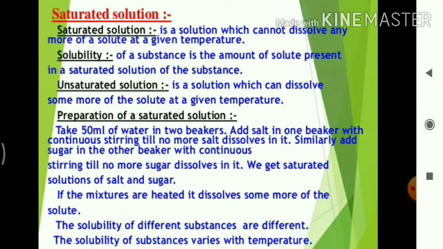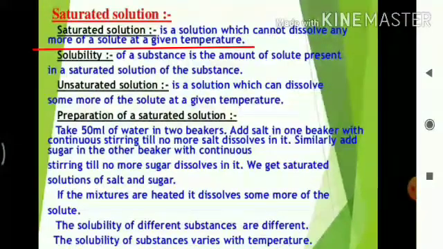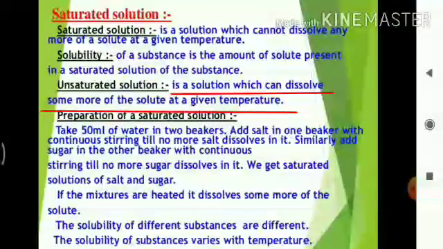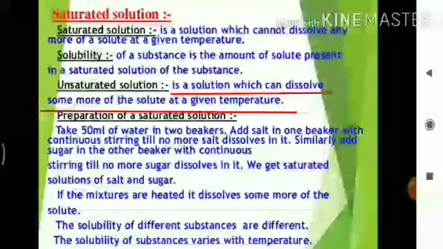Now we will study saturated and unsaturated solutions. A saturated solution is one in which we cannot dissolve any more solute at a given temperature, while an unsaturated solution is one in which we can dissolve more solute at a given temperature.